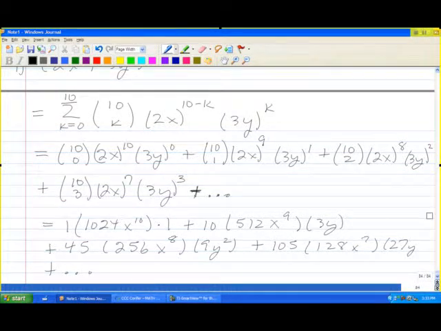Let me just check. Let's see, 15 times 7 is 105. Okay, so I think that's correct. Let me actually check some of these values on a calculator.